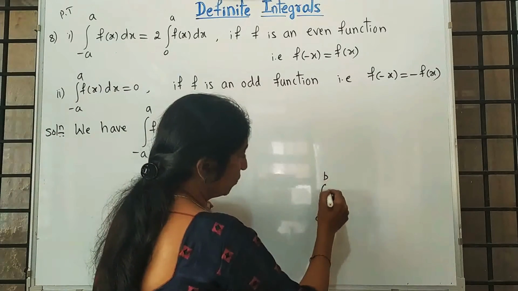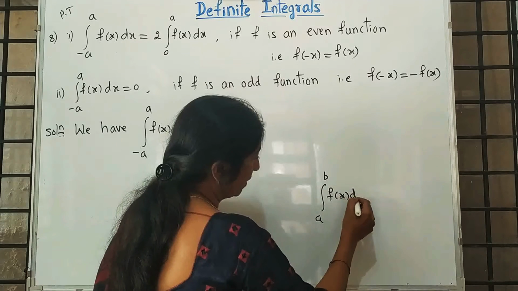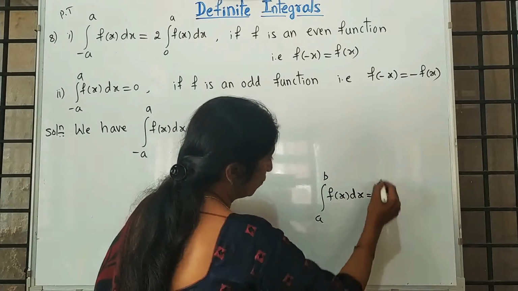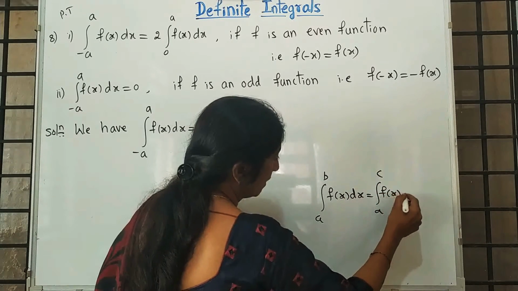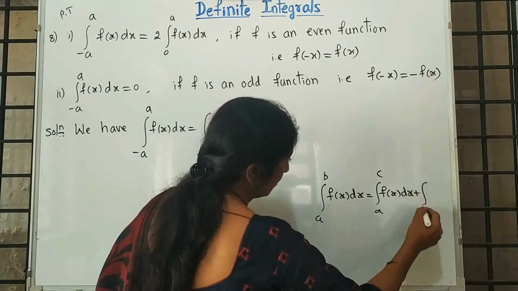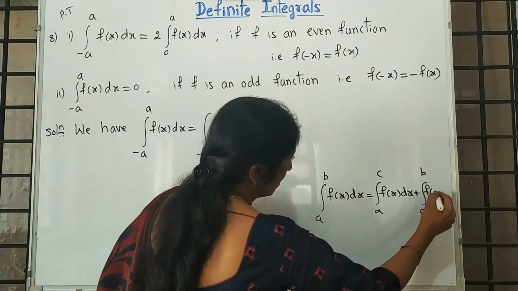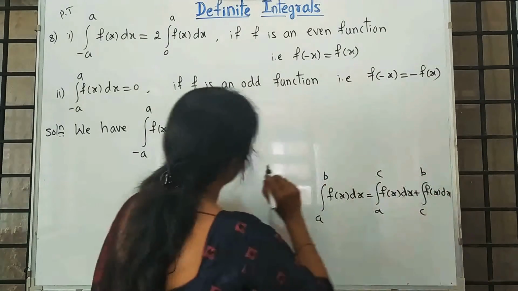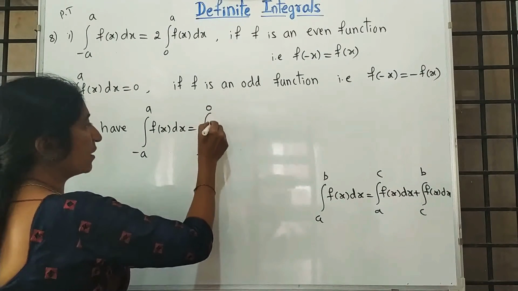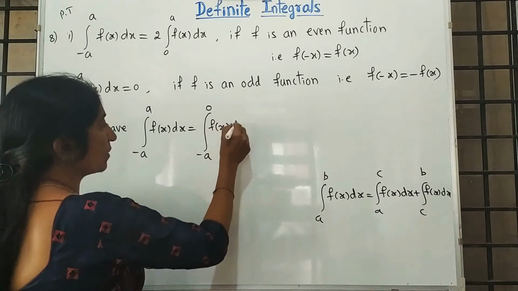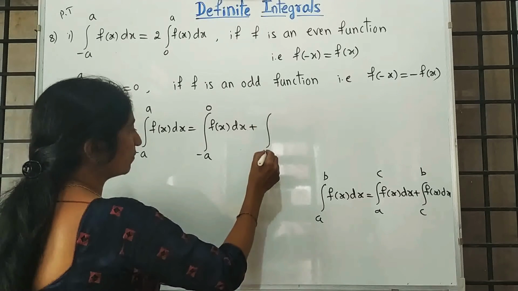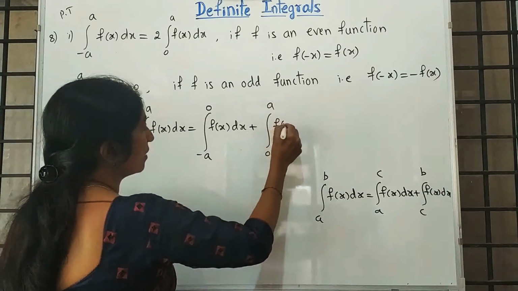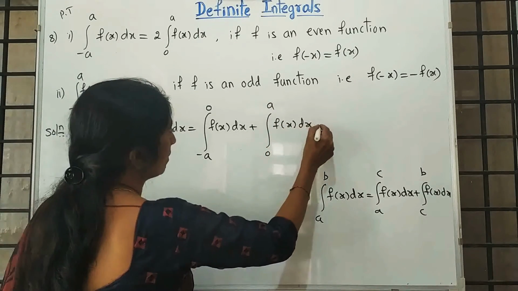Integration from a to b of f of x dx is equal to a to c of f of x dx plus c to b of f of x dx. C is the midpoint. Minus a to 0 of f of x dx plus 0 to a of f of x dx.